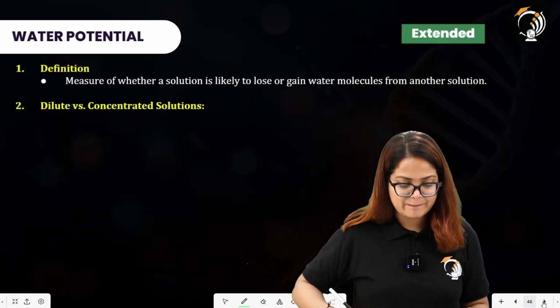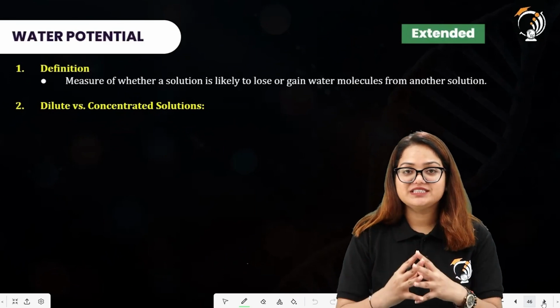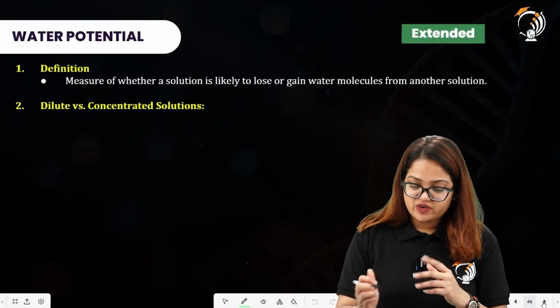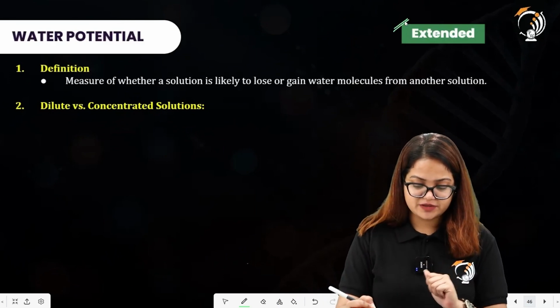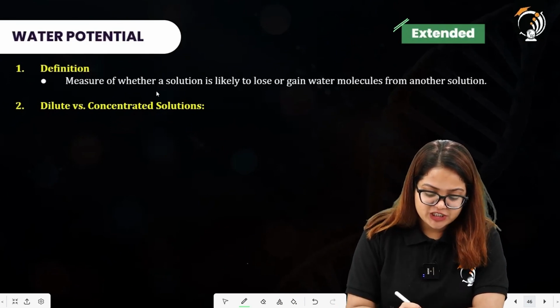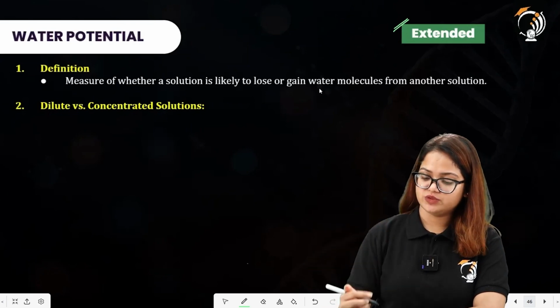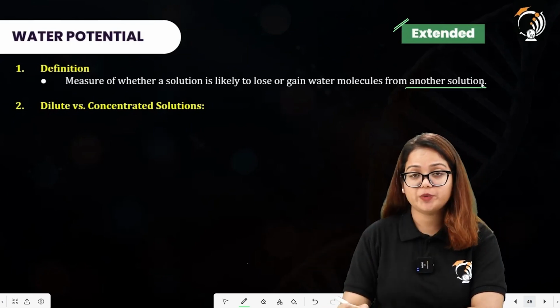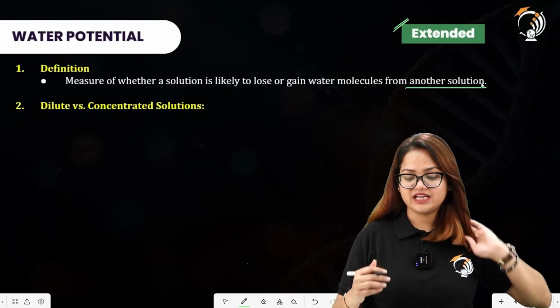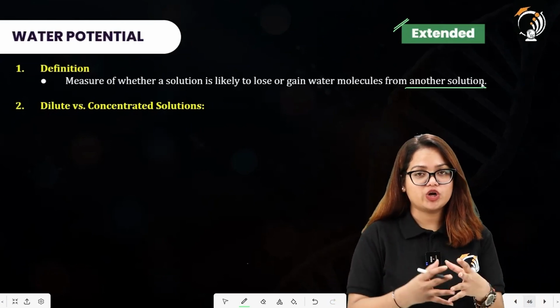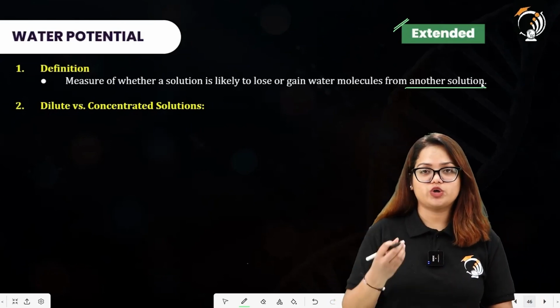All right. The water potential is another topic and it is very important for the extended students here. The measure of whether a solution is likely to lose or gain water molecules from another solution. So how do I identify that one cell will gain water molecule or the cell will lose water molecule?